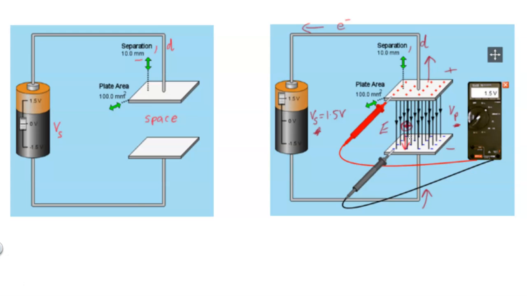It's going to accelerate downwards. If we place a negative charge in there, it's going to experience a force upwards, against the direction of the electric field. So the positive moves in the same direction as the electric field, negative moves in the opposite direction.